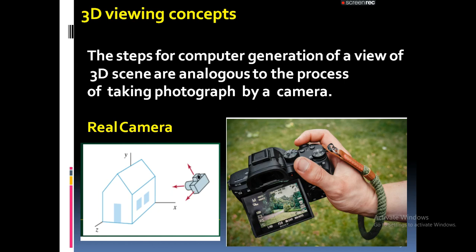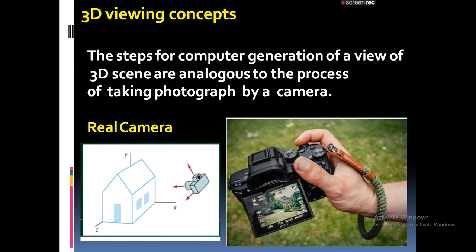Before explaining them, I would like to give an analogy. Here I wrote one sentence: the steps for computer generation of a view of a 3D scene are analogous to the process of taking a photograph by a camera, as I already said in the previous slide.